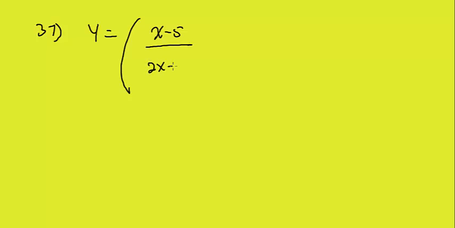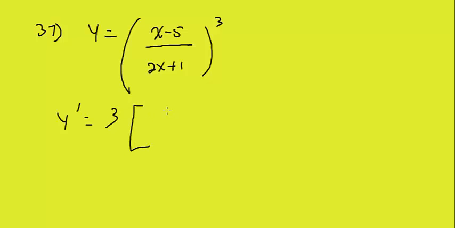Okay, so 37. Y is equal to x minus 5, all that over 2x plus 1 to the 3. Okay, there's no avoiding now. We have to use a quotient rule on the inside. Okay, but the outside function in this situation is 3.